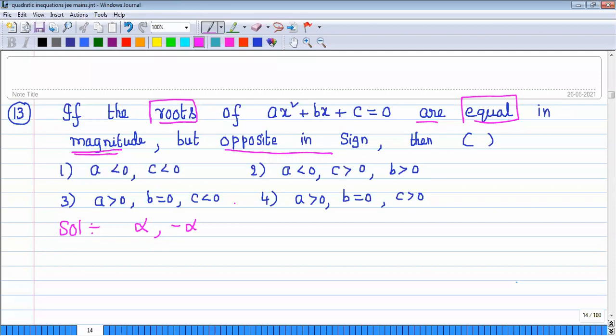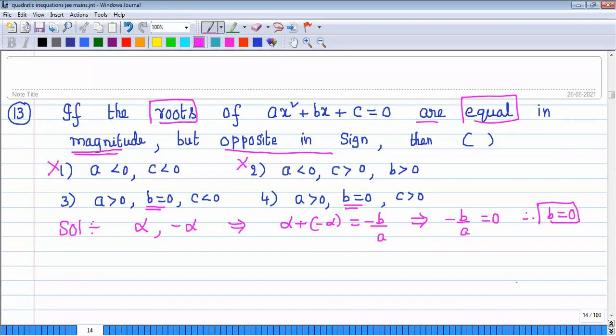If one is alpha, the other is minus alpha; find the sum. Alpha plus minus alpha is equal to minus b by a. That implies minus b by a equals 0. Obviously b becomes 0. B becomes 0 means the first option will be eliminated, the second option will be eliminated. B is equal to 0 here we have. Already two options have been eliminated.